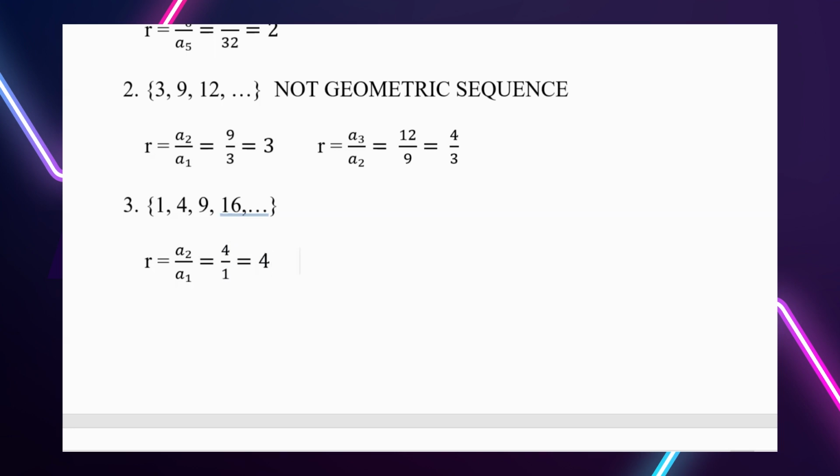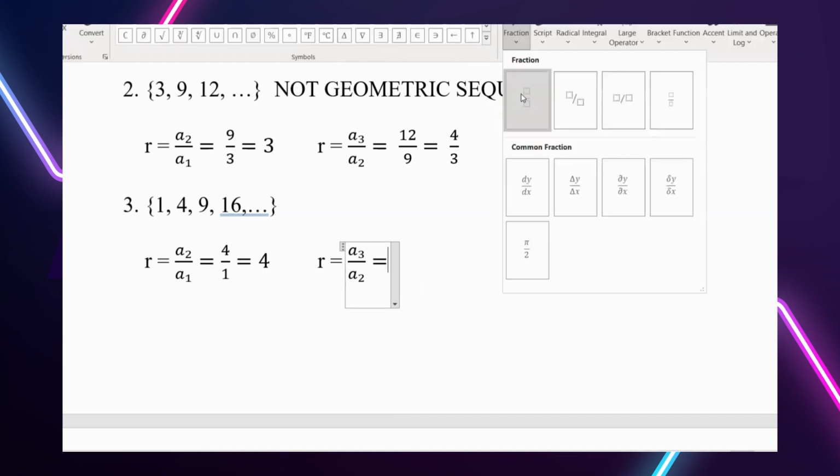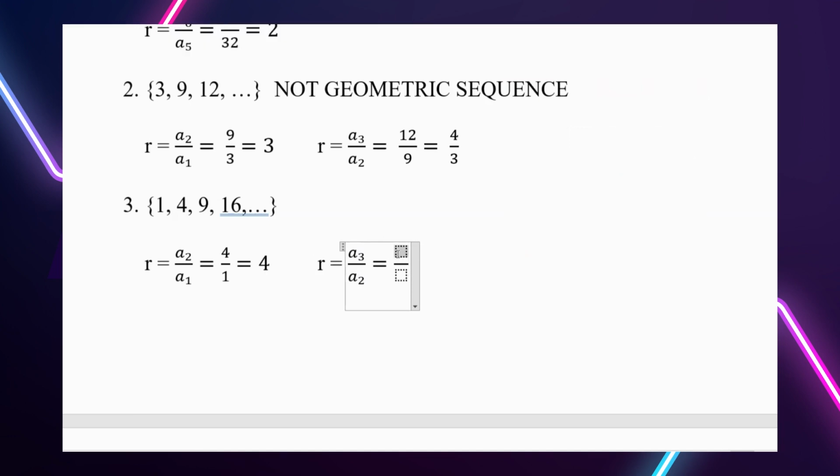Next, let us identify the ratio of the third term and the second term. So the value of the third term is 9, and the value of the second term is 4. So 9 divided by 4 is still 9 over 4.